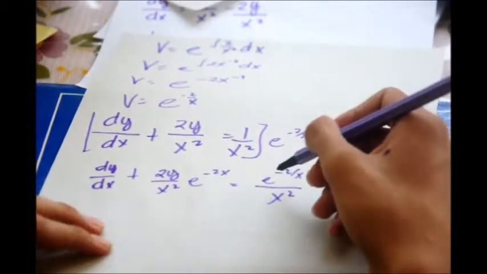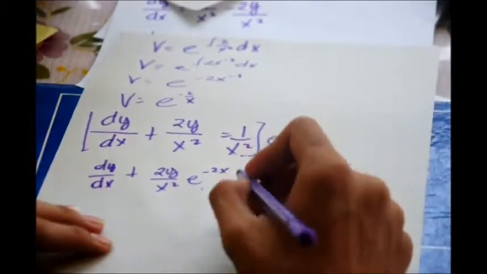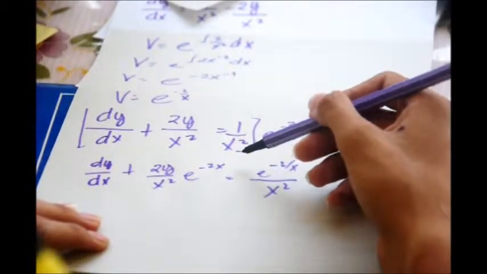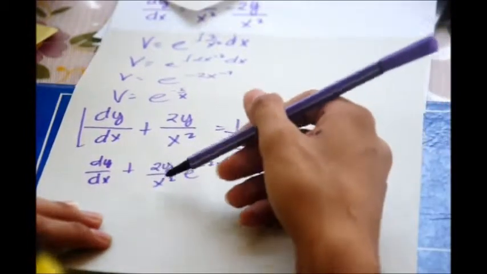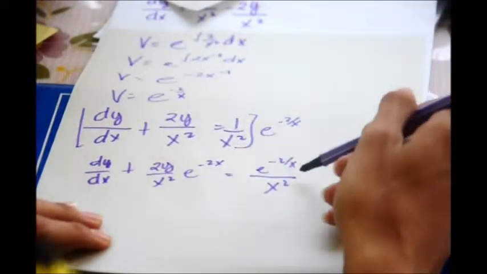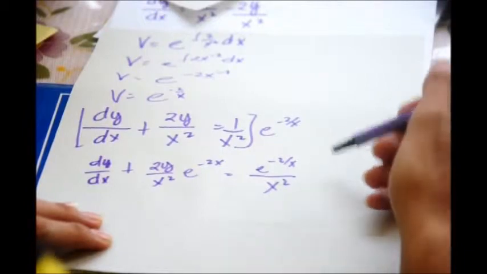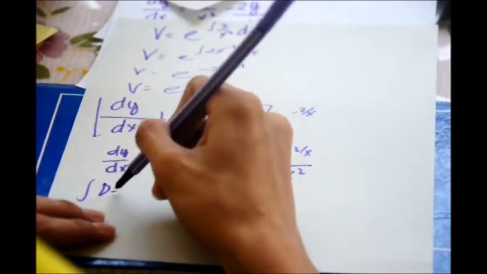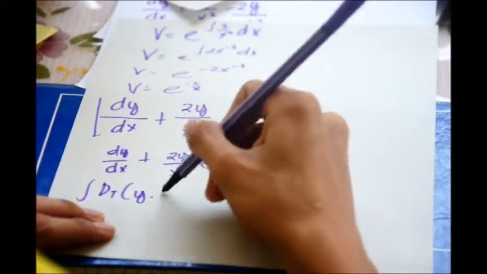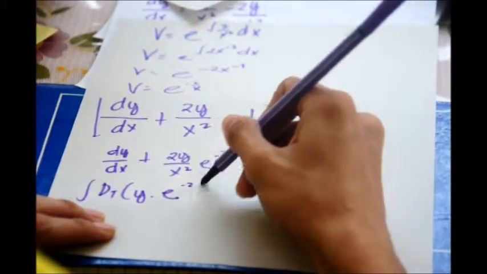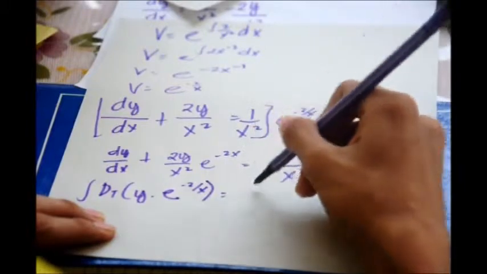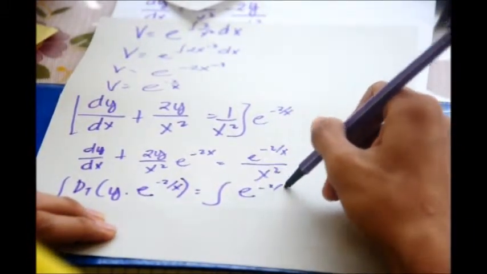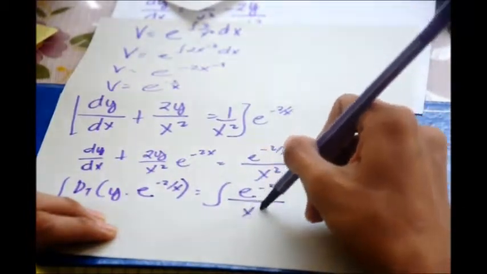What we do now is we are getting a relationship with the integrating factor times the dependent variable equals the integrating factor times the function. So it is like this: y times e to the negative 2 over x equals e to the negative 2 over x squared.